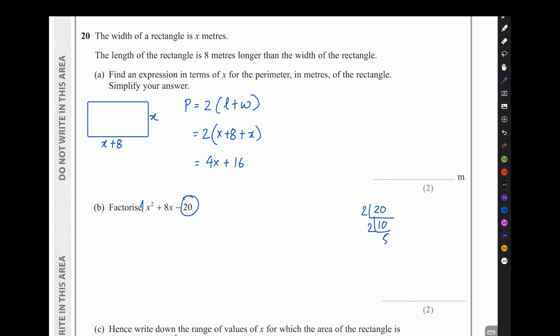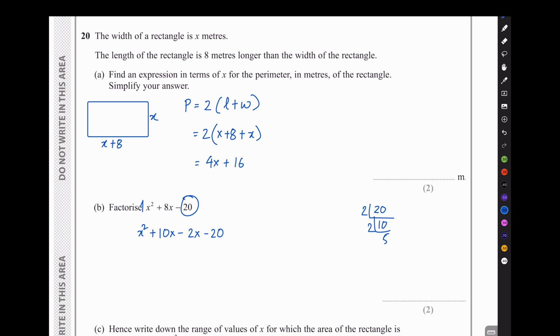So the prime factors are 2, 2, and 5, right? So my target is to find, okay, let me just do it and then I'll try to phrase it properly. So the next line should be x squared plus 10x minus 2x minus 20.